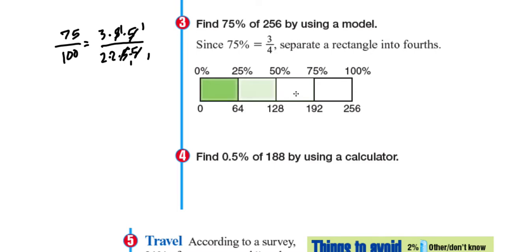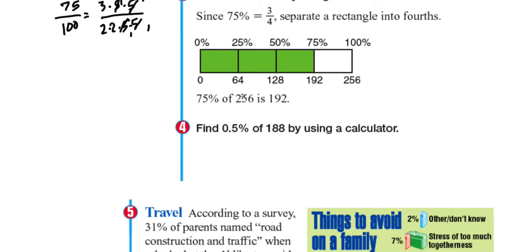So 1, 2, 3. Using the model method, this is how you find that 192 is 3/4 of 256. By using the calculator, this is the no-brainer way, which you will probably not use.